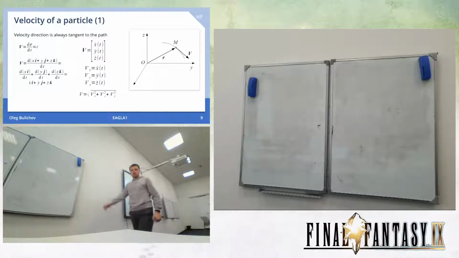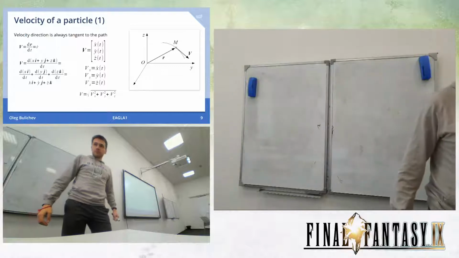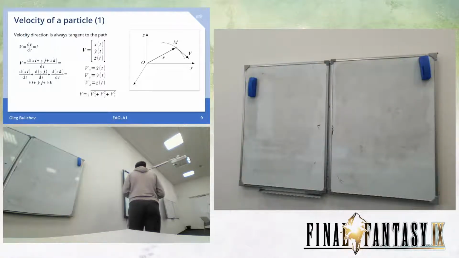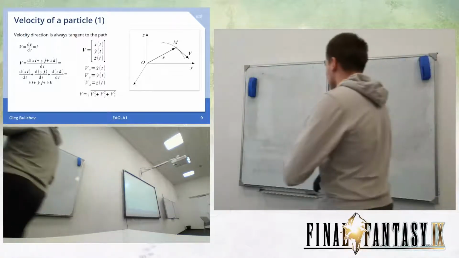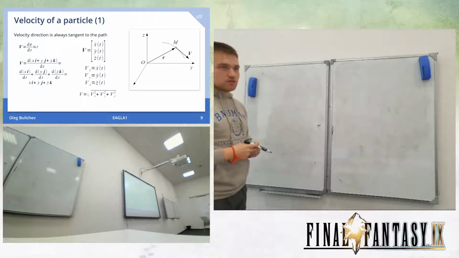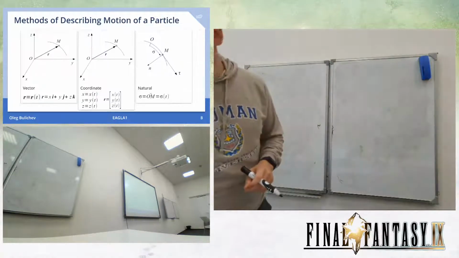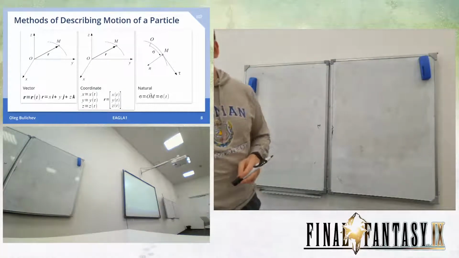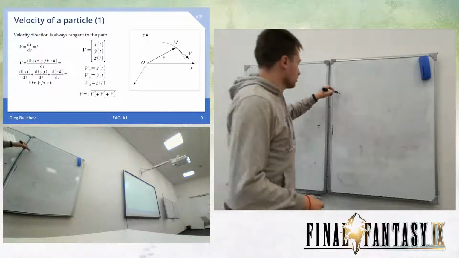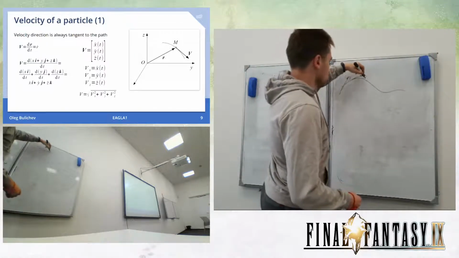What does it mean that velocity direction is always tangent? Do you remember the natural form I showed? You have some path. At each point your velocity will be like this.